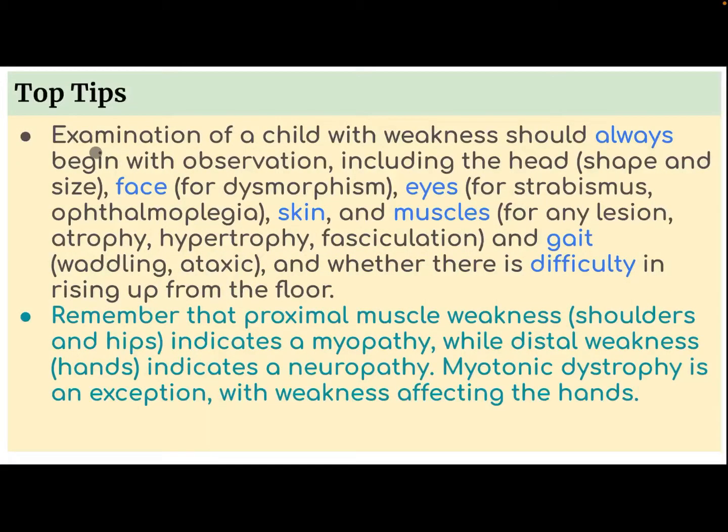Top tips. Examination of a child with weakness should always begin with observation, including the head for shape and size, face for dysmorphism, eyes for strabismus and ophthalmoplegia, skin and muscle for any lesion, atrophy, hypertrophy, fasciculation, and gait, waddling or ataxic, and whether there is difficulty in rising up from the floor.